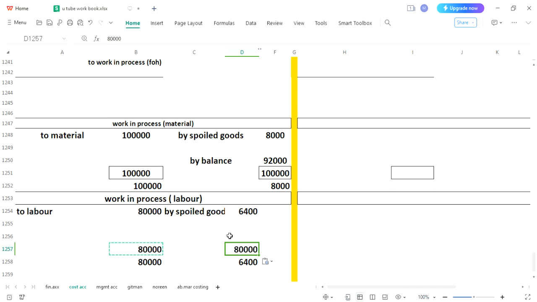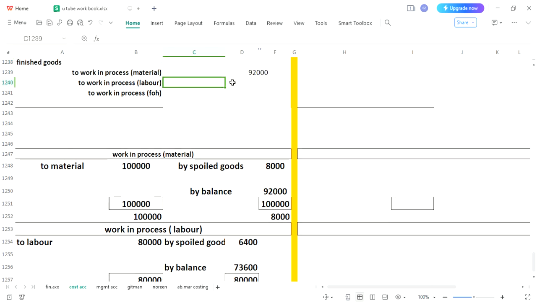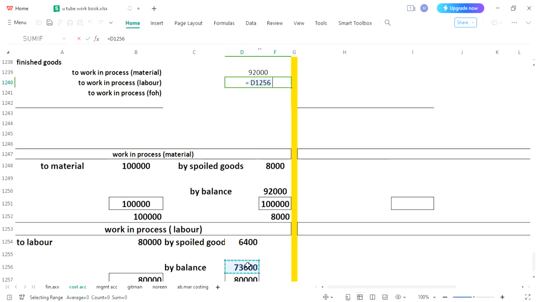You will now choose the smaller side, which is credit, as total of credit side is 6,400. There you will calculate the balance by subtracting the smaller sum from the larger sum. Larger sum was 80,000 and you need to subtract the smaller sum, which was 6,400. In this way you have calculated your balance, and it would be written in front of labor. How much balance have you calculated? 73,600.